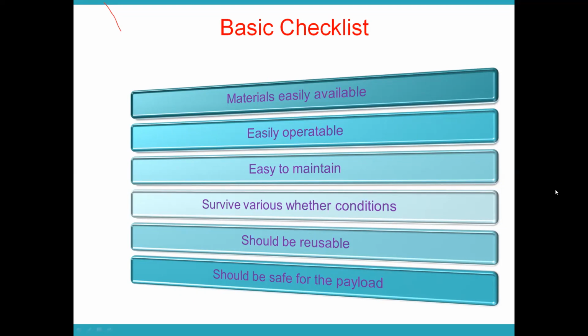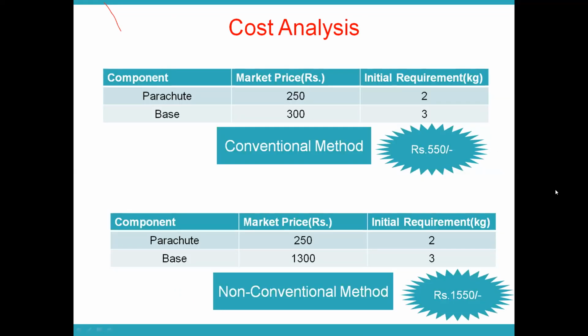This is our cost analysis which we conducted for our project. There are two methods which we considered here. To be noted, we are not considering the machining cost, because that varies from place to place. So basically, we are considering the material cost. As you can see, in the conventional method it is 550 rupees in total for our initial requirement of parachute and base material. The conventional method would involve machining processes like lathe machining or milling.